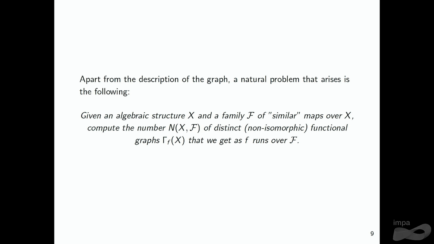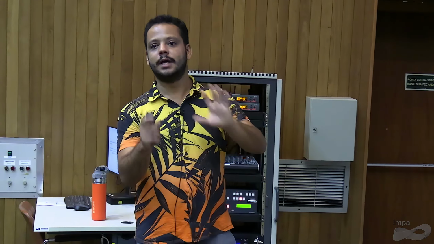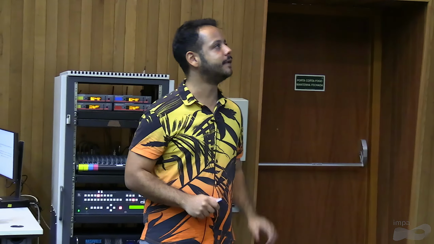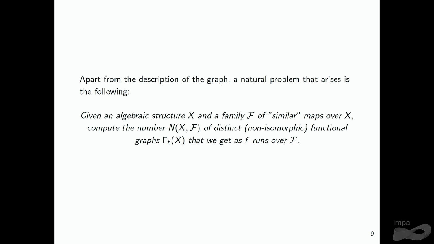Okay, but this talk is about a counting problem. So one question that, at least I find natural, is that we take not just one map, but a family of maps. They are similar, so in some way they behave in the same way. We can ask about enumerating problems.